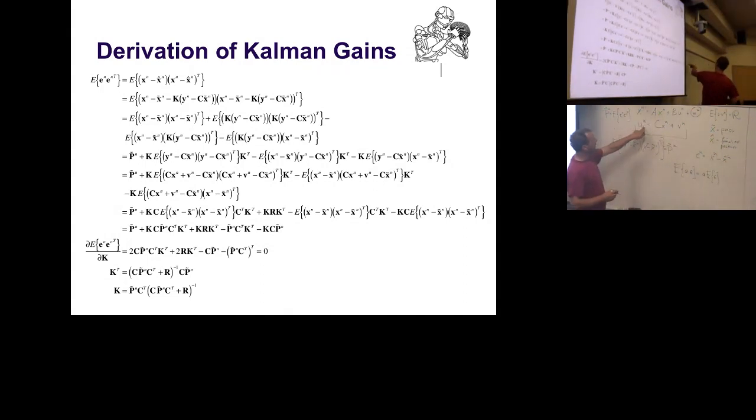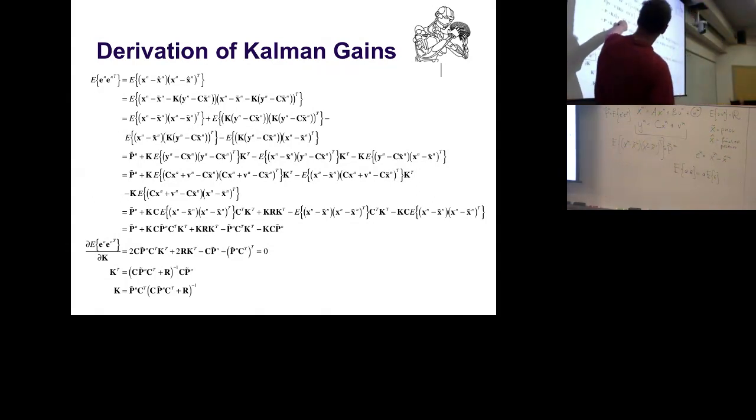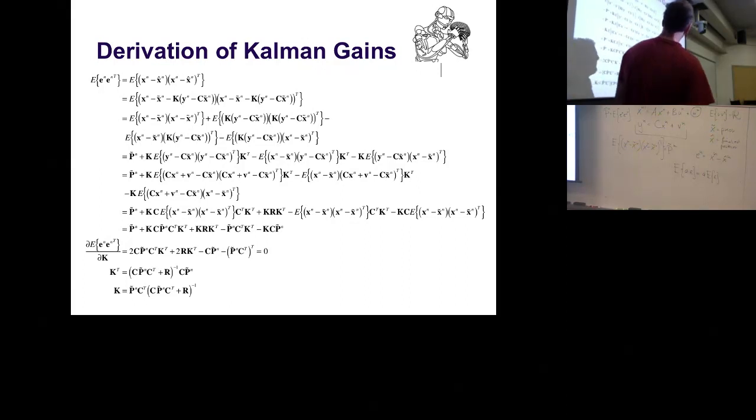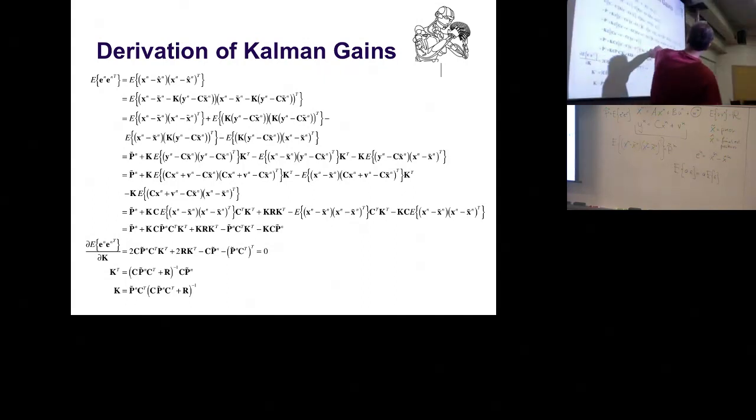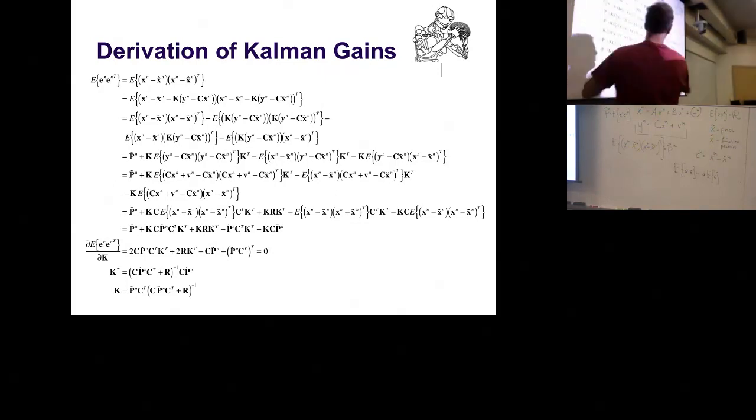We plug in that yn is C times xn plus some noise process. This y gets replaced here, and this y gets replaced here. What happens over here? We do the same thing here. We replace this y here, and replace this y here, which creates a bigger term here and a bigger term there.